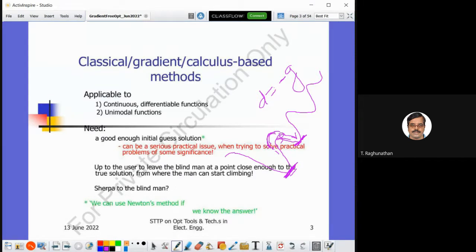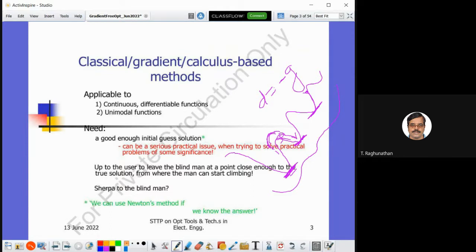Wherever he is, for example, you leave him here, he is going to reach only here. This kind of function is known as a multimodal function. So for this kind of function, those gradient based methods will find only a local minimizer, not a global minimizer.